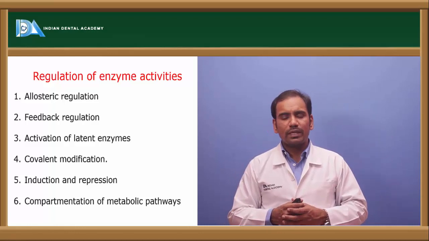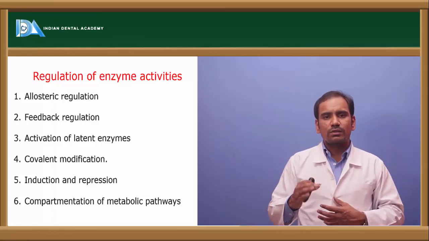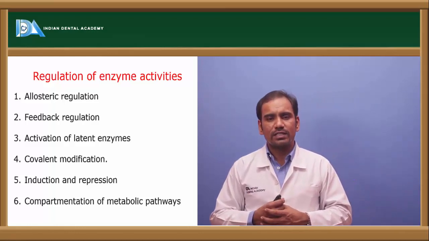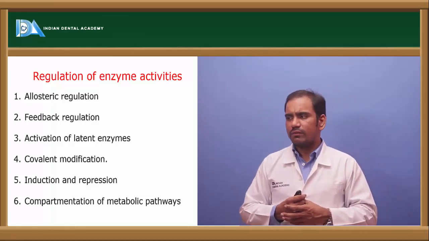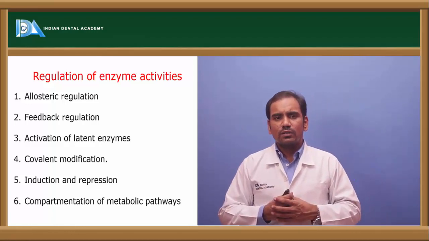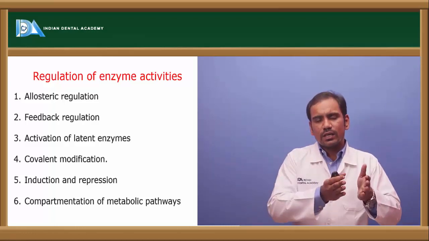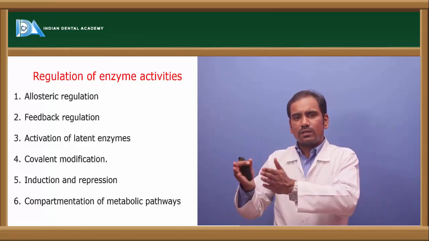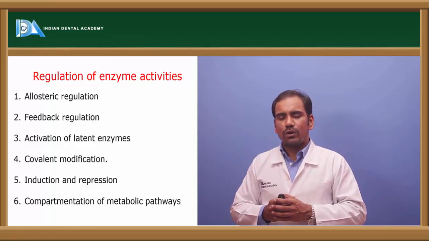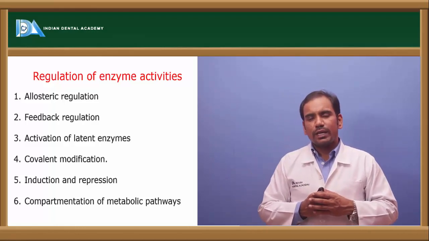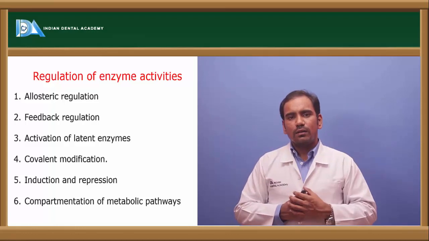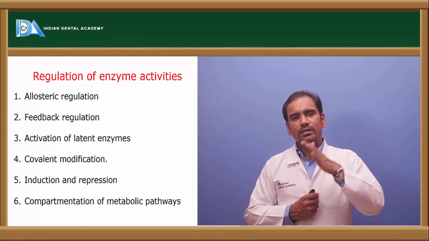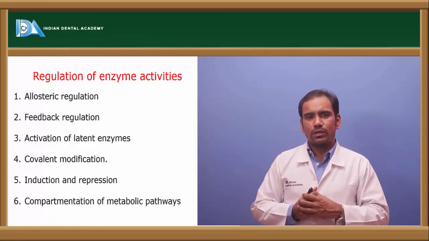Coming to compartmentation of metabolic pathways, this is another type of regulation of enzyme activity. Some of the pathways are located in the cytosol and some of the pathways operate in the mitochondria. For example, fatty acid oxidation occurs in the mitochondria, whereas fatty acid synthesis occurs in the cytosol.